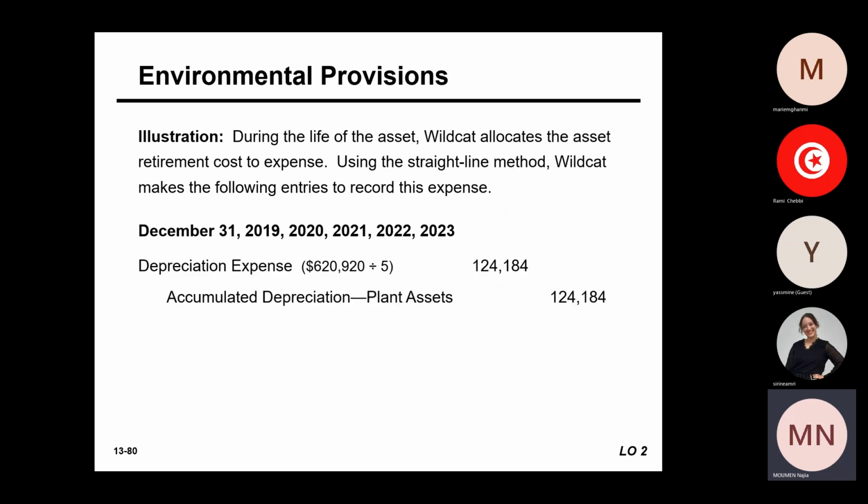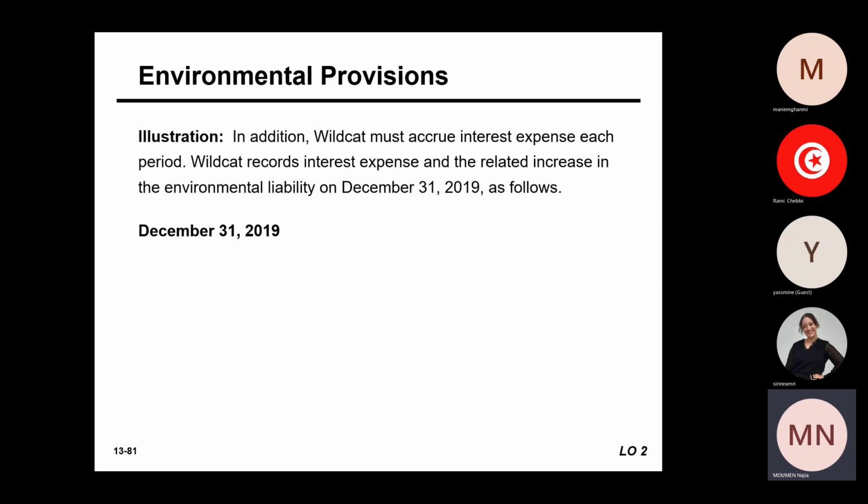So here we are talking about the process of amortization of this liability, okay? We'll be increasing the liability with the amount of interest expense until the present value equals the face value, okay?